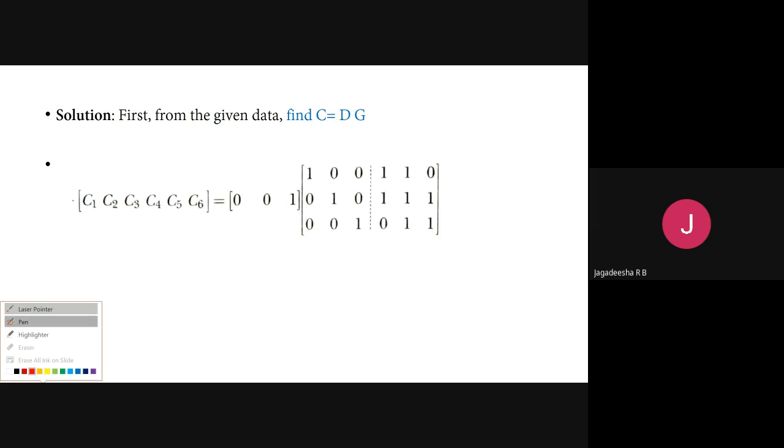If you want more clarity, we are talking about an encoder right now. Then we'll talk about the decoder. So this is the encoder. This encoder has a data input that is 001.